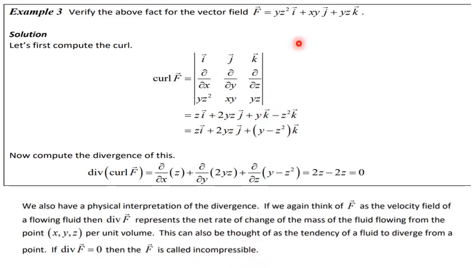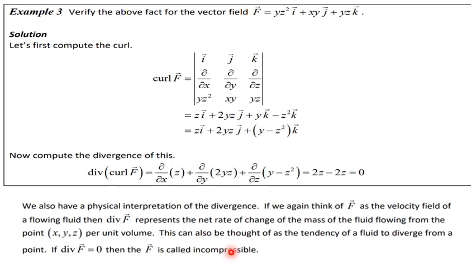What do curls represent? Curls represent the rotation of a field. If the divergence of a curl is 0, it means it is an incompressible field, where there is no flow of mass. The total rate of change of mass is equal to 0.